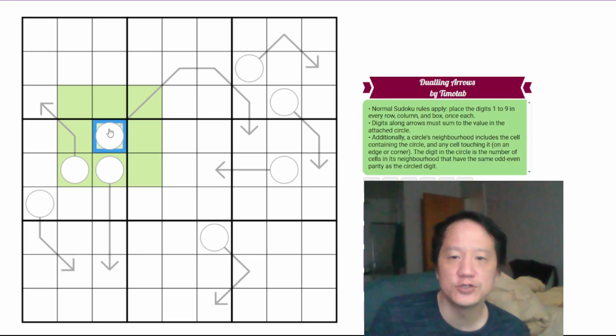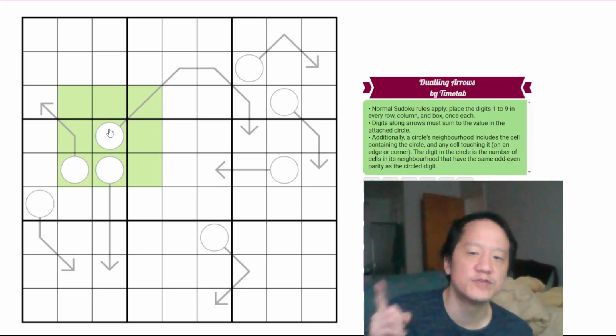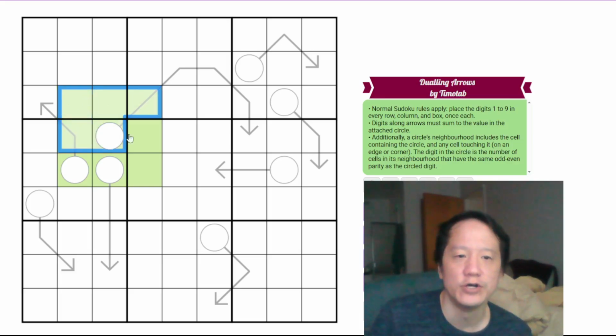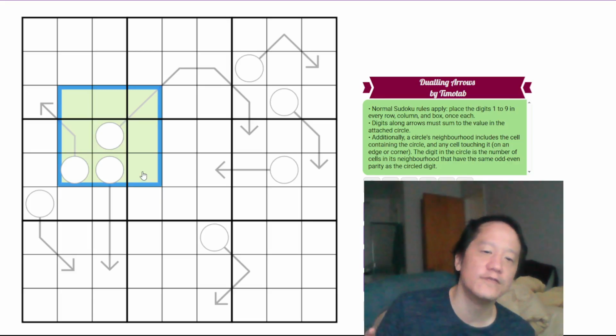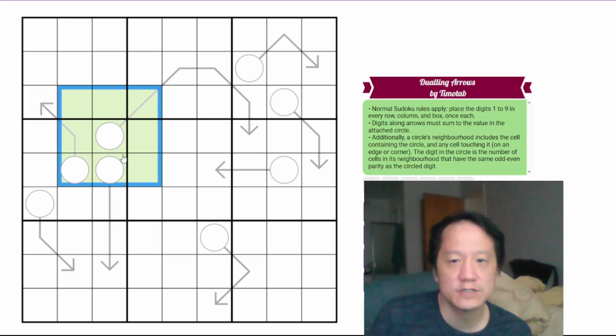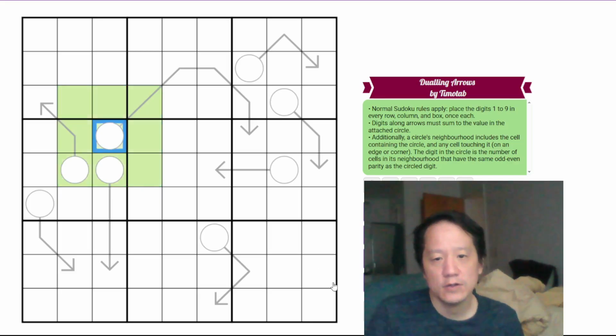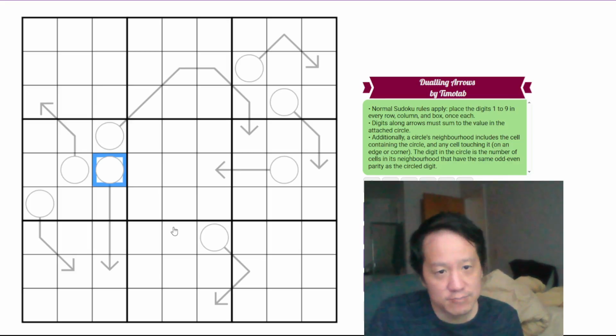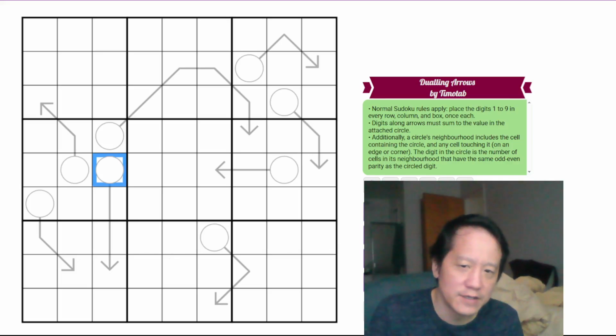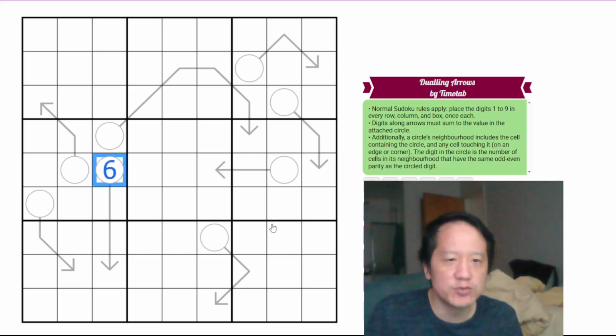And the digit in the circle is the number of cells in its neighborhood, so in this 3 by 3 area, that have the same odd even parity as the circle digit. So for example, let's use this one. Say this was 6.